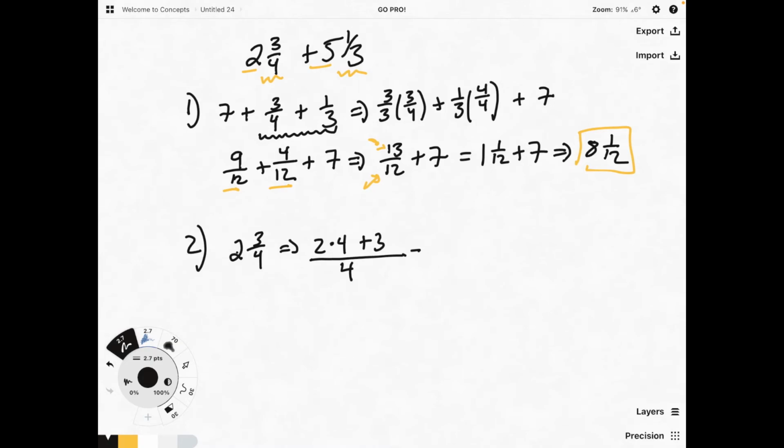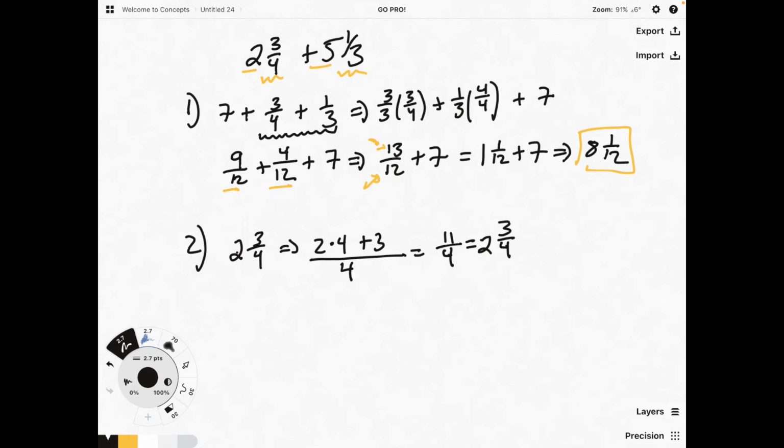So the numerator would become 2 times 4, which is 8, plus 3, which is 11, and it would still be over 4. Because if we simplified this, 4 can go into 11 2 times, and 2 times 4 is 8. That means there's 3 left over. So that's how we did it.